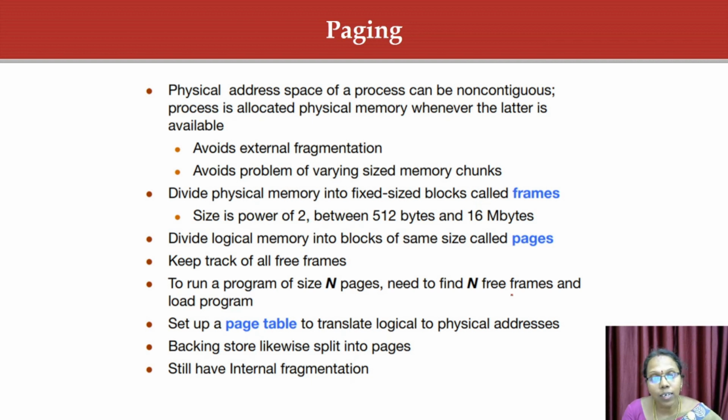So paging clears the separation of the user's view of memory and the physical memory. In this video, we are going to see how users view memory and how it is physically allocated. First, divide the physical memory into fixed-size blocks called frames, and similarly divide the logical memory into blocks of the same size called pages.